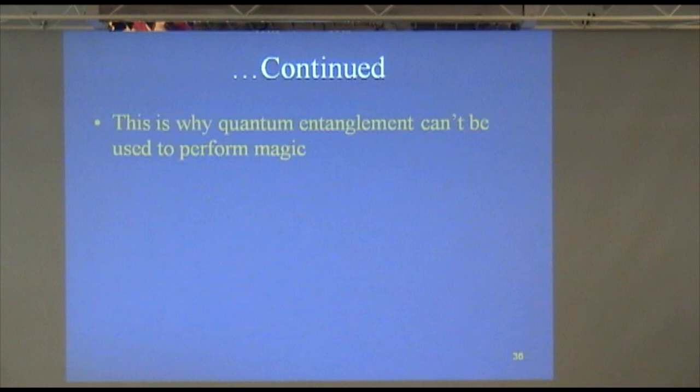The point that I just made, that nothing Alice does in her lab that she can manipulate can make the slightest difference to the pattern of results that Bob gets, nor vice versa, is why you can't use quantum entanglement to perform magic. There are really nifty things that quantum entanglement does, but giving you control over stuff going on somewhere else is not one of them.